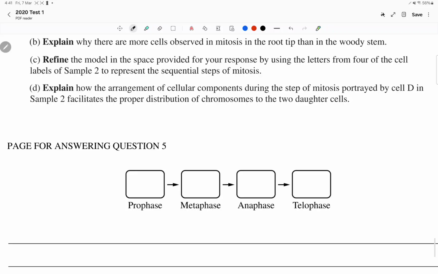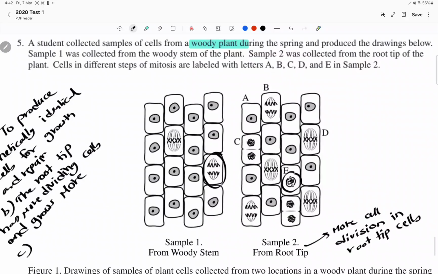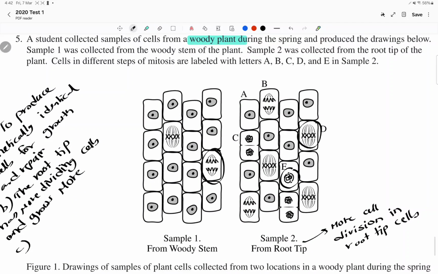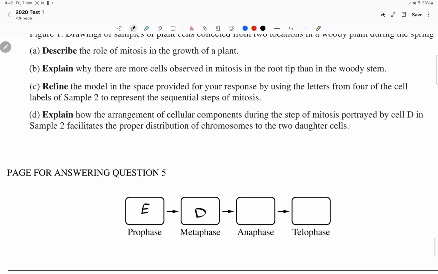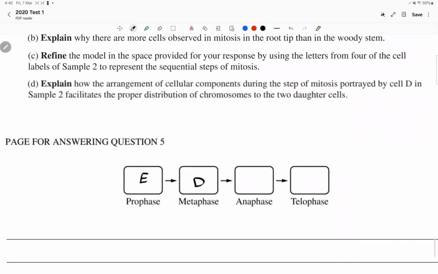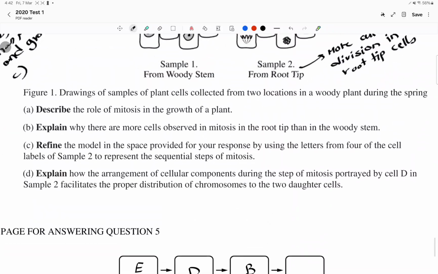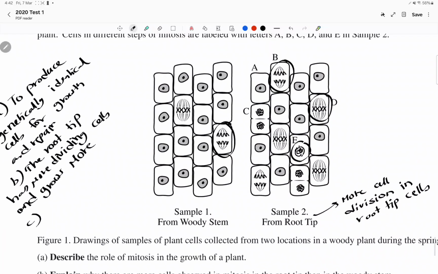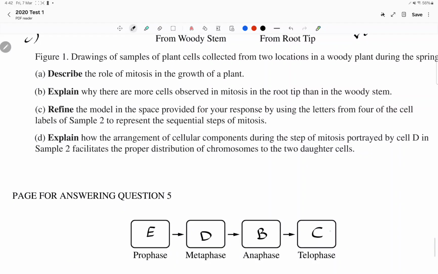That's prophase. Which one is metaphase? D. Yep. Which one is anaphase? They split up. And then C. Telophase means they go back to 2 different cells. This is so easy. Trust me.